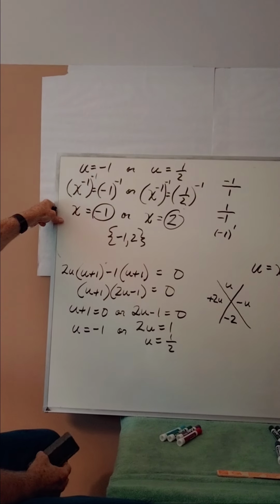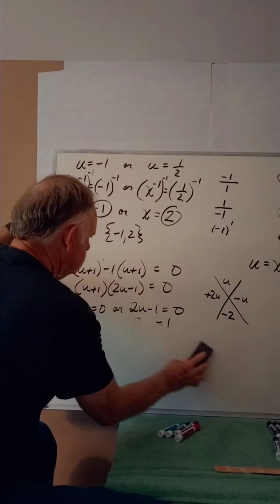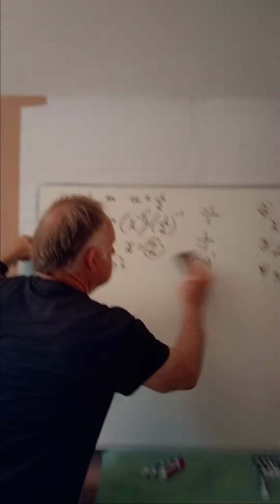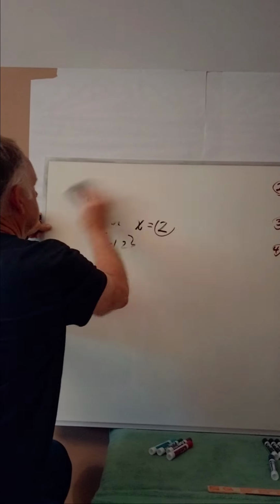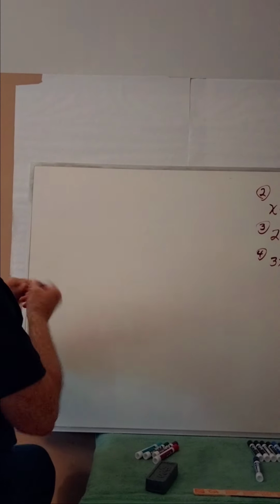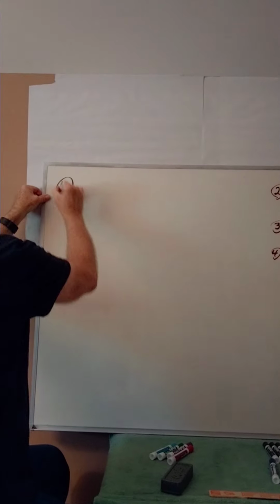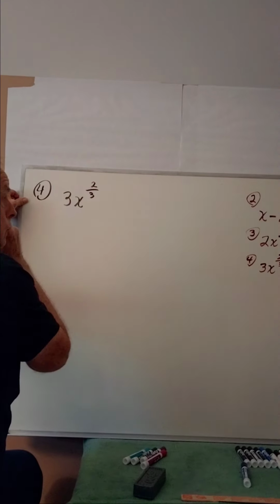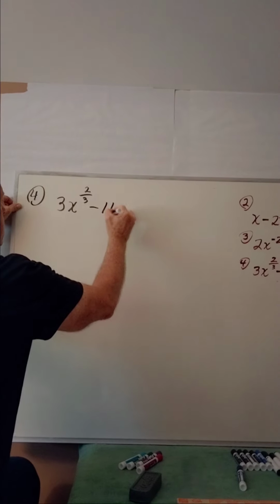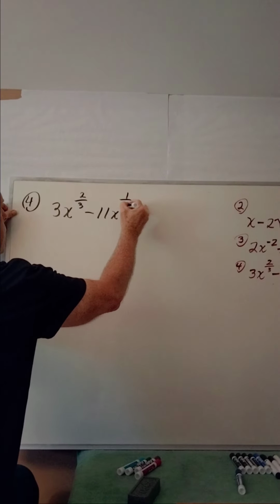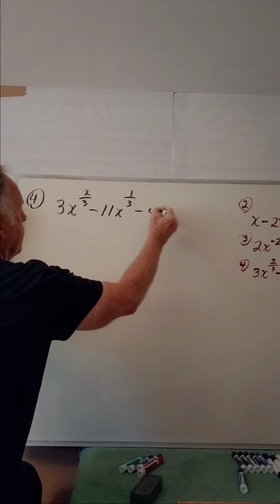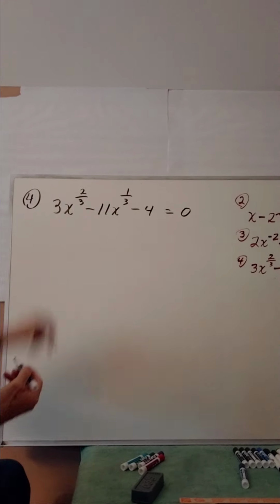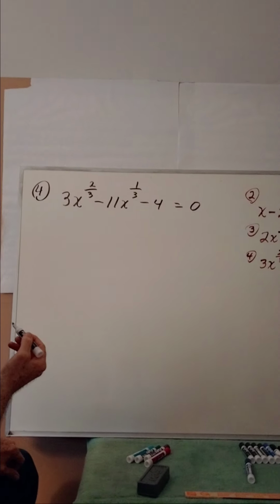One more for the road. Three x to the 2/3, negative 11x to the 1/3, negative 4 is equal to 0. Already have exponents up there.